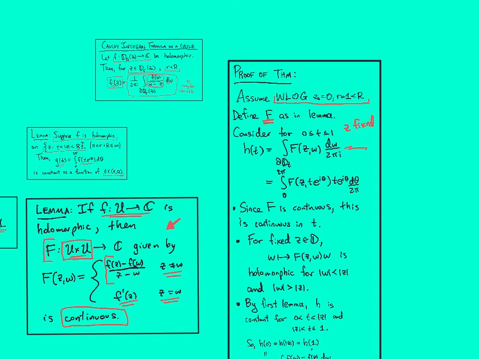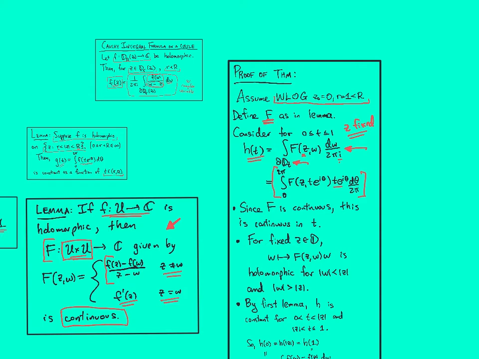So to integrate big F with respect to w on the circle of radius t, I'll view that as a function of t right now. And this does depend on z, but again, I'm saying that z is fixed. Okay, so the definition of this complex line integral is just this. So you put in t e to the i theta for w, and when you take the derivative of that and cancel i's, you'll get t e to the i theta d theta over 2 pi.